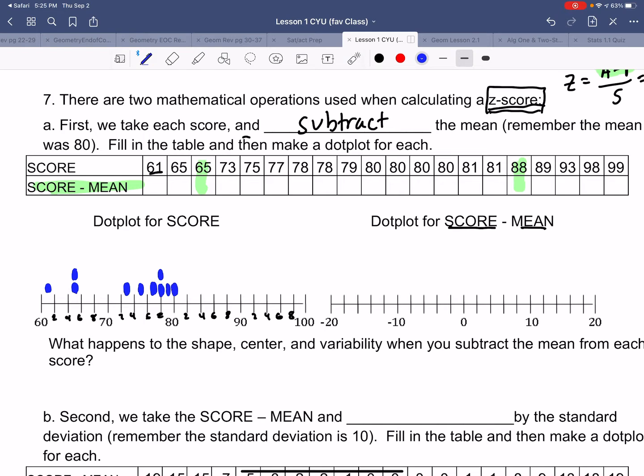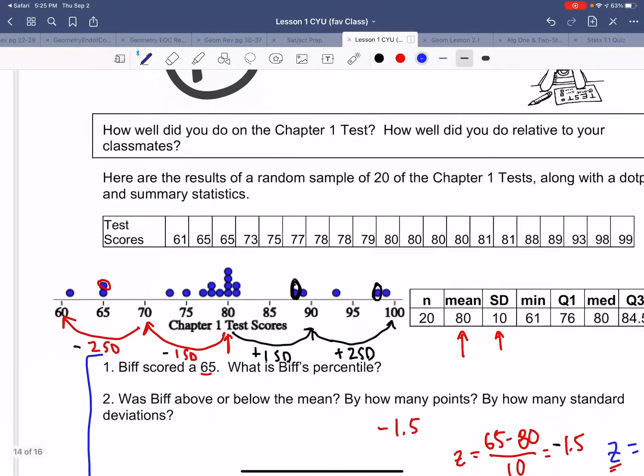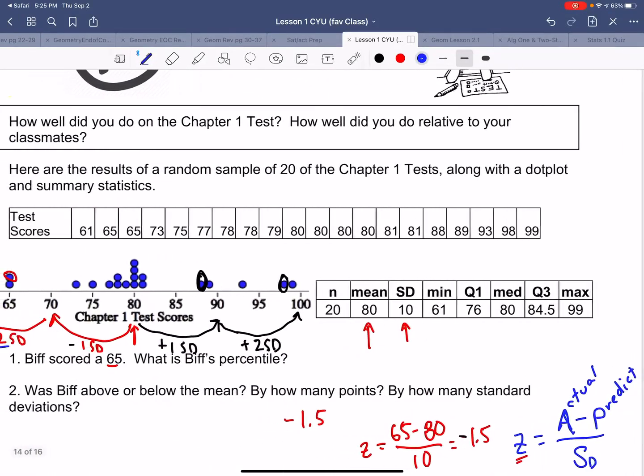We have a score of an 80, an 80, an 80. 81 is between 80 and 82. 88 has its own hash mark. 89 between 88 and 90. 93. 98 and 99. Looking at this dot plot, it should look a heck of a lot like this dot plot. It's just a little squishier.